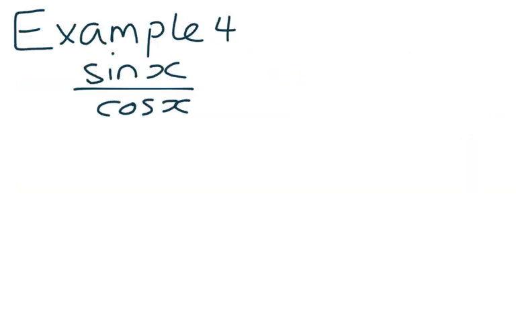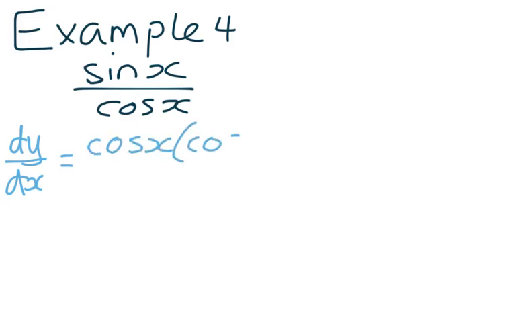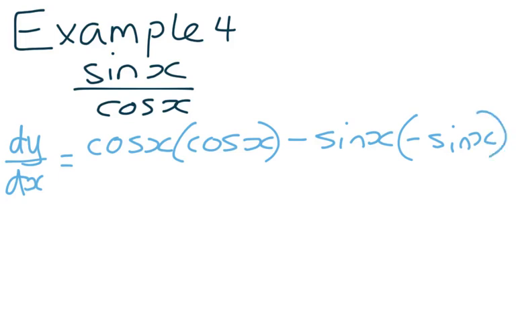So the next example is a quotient rule question, because we've got one function divided by the other. So we have to remember our rule. So it's bottom d top minus top d bottom all over the bottom squared. So we've got dy by dx is equal to bottom d top minus top d bottom, all over the bottom squared.